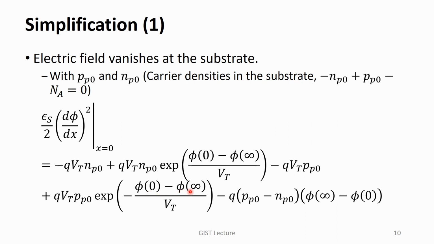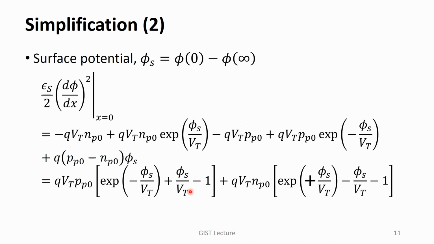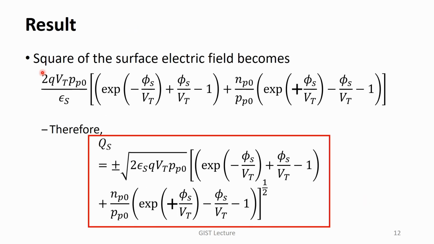What is it? It is the surface potential phi sub s. So we can obtain a greatly simplified equation. It looks much better than before. As a result, we find this.